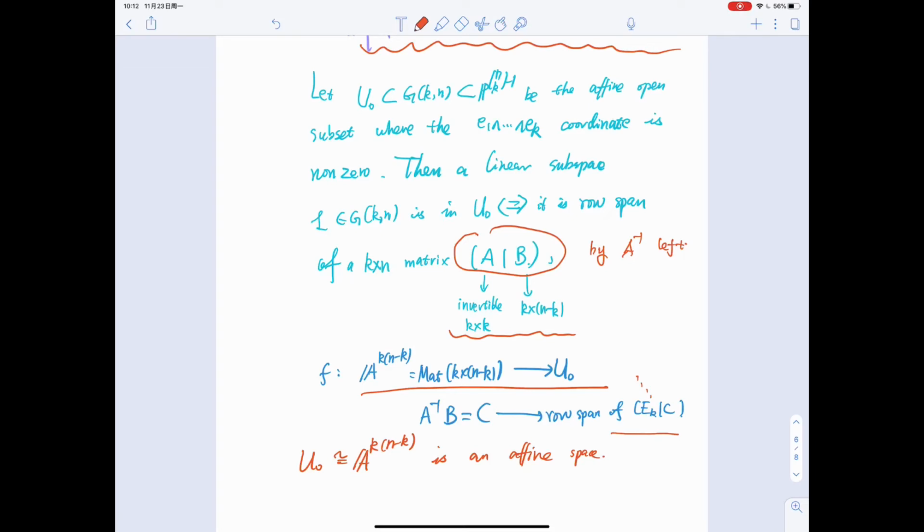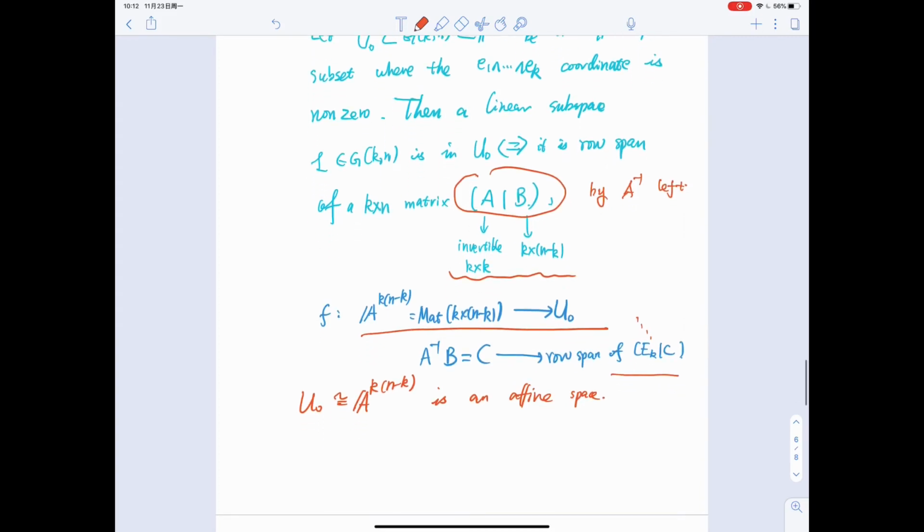We conclude that G(k,n) can be covered by such affine spaces, which means that G(k,n) is an irreducible variety of dimension k times (n minus k). So the dimension of G(k,n) is k times (n minus k).